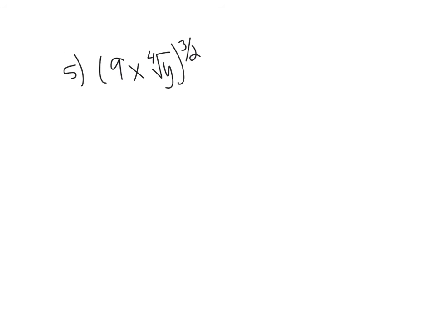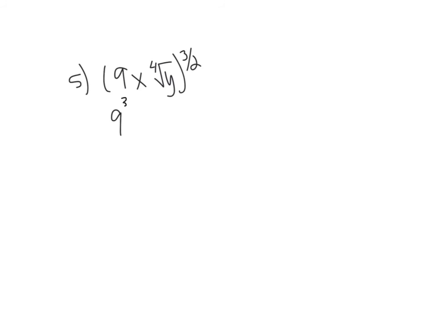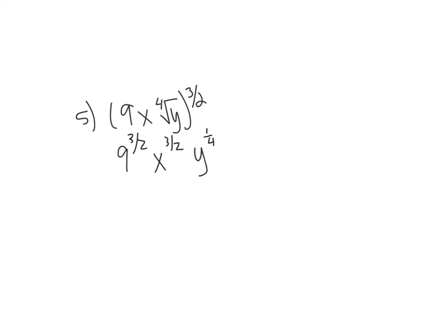So let's take this 3/2, and I'm going to take 9 and raise it to the 3/2. I'm going to take the x and raise it to the 3/2. And I'm going to rewrite y to the 4th, because the 4th root of y is the same as y to the 1/4. And then I'm going to distribute the 3/2 to that.